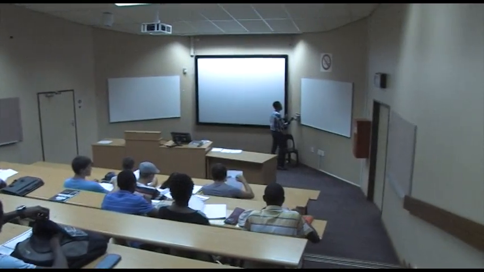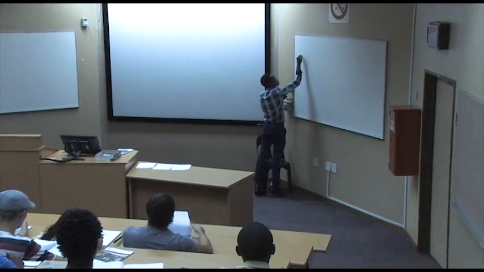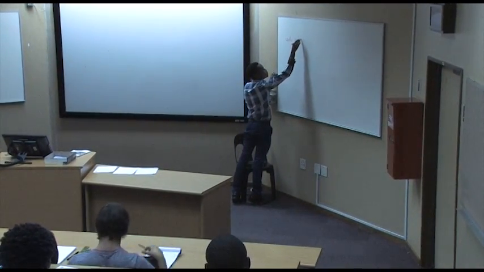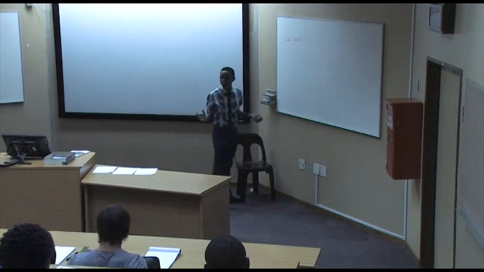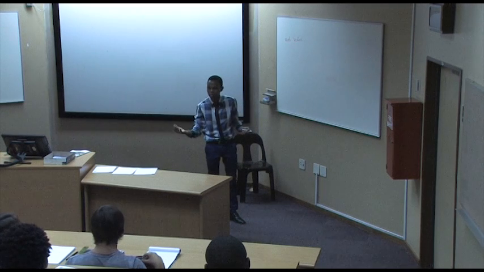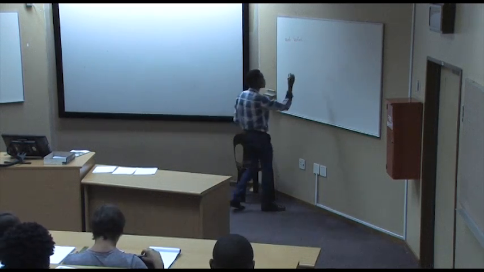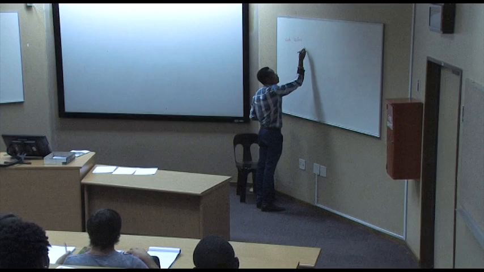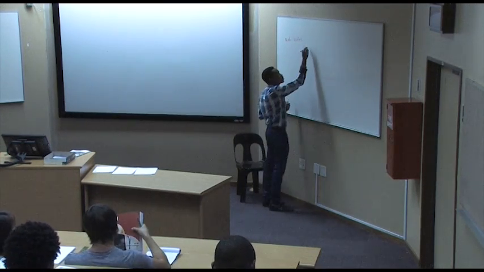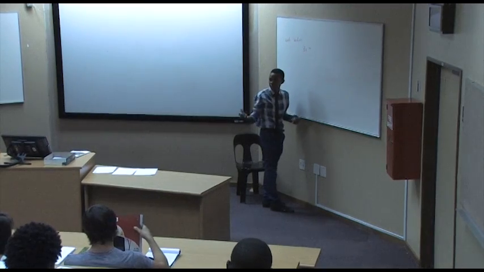Quick revision. A unit vector is nothing but a vector divided by its magnitude, right? Let's have a resultant vector R. How are we going to find the unit vector of vector R?